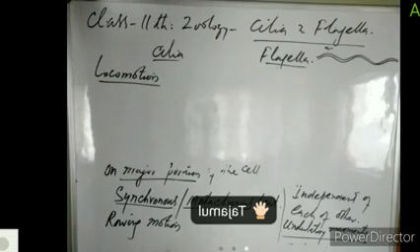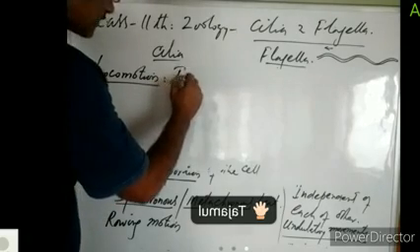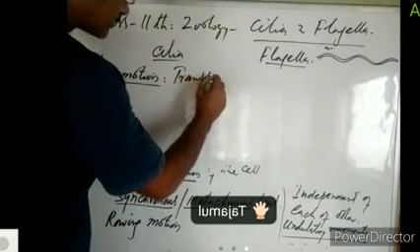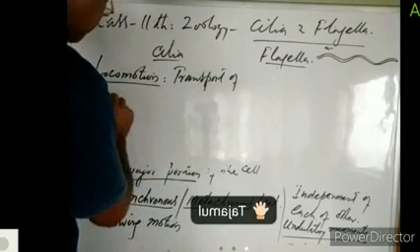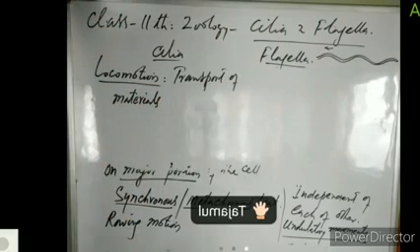For example, in the case of paramecium, a ciliated protozoan, cilia are used for locomotion. Cilia are also used for transport of material. What materials do cilia transport?